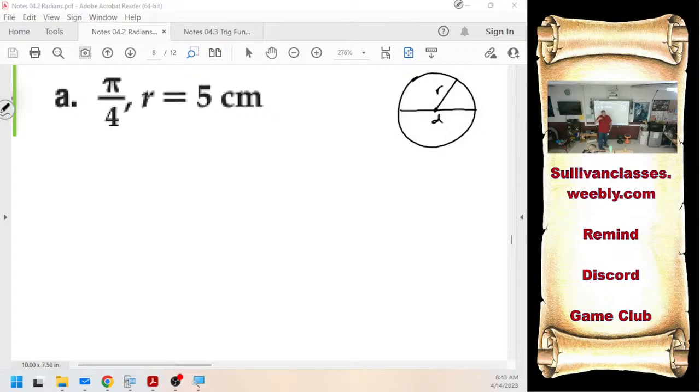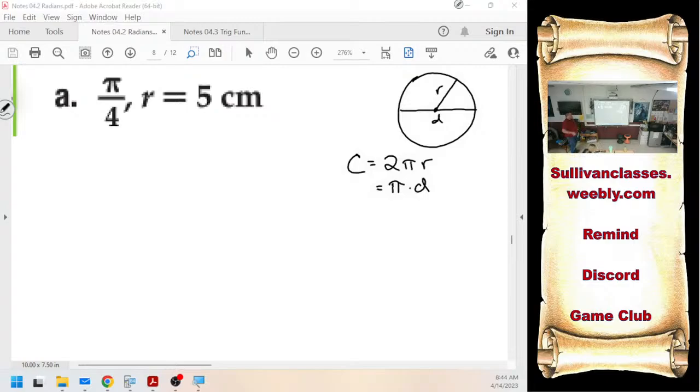How many radians is the whole circle? 2 pi. So the circumference is 2 pi of the radius. Circumference is 2 pi r, or just pi times diameter, because diameter is twice the radius. Okay?